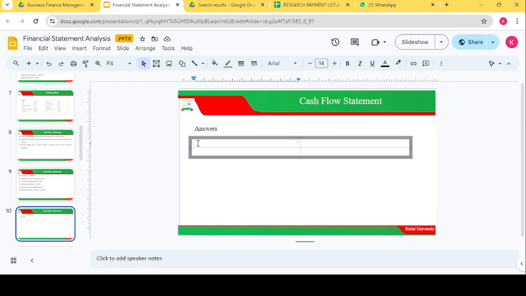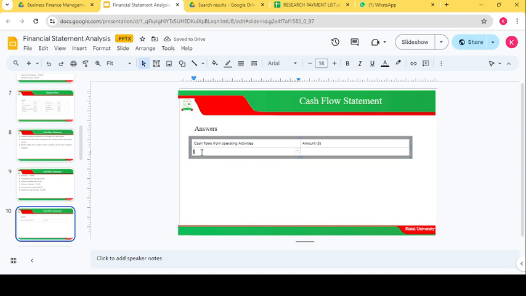So let's start with our cash flows. Cash flows from operating activities. So here we are going to be putting the amount in dollars.